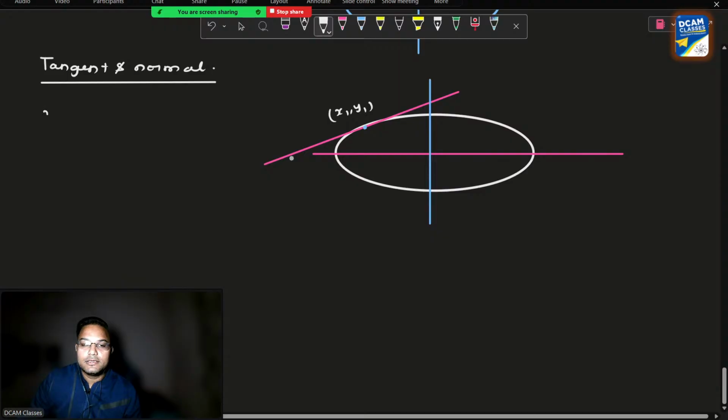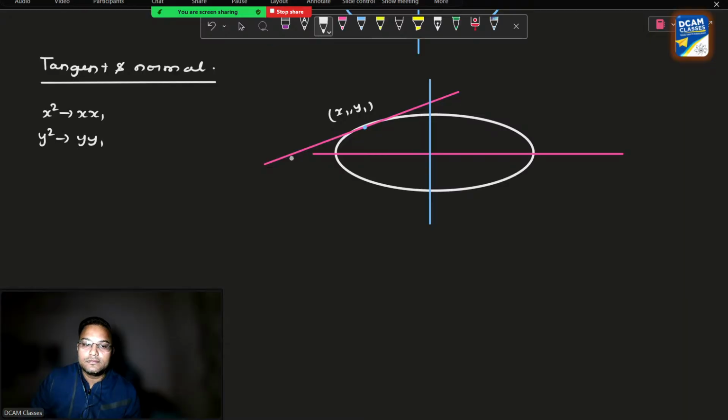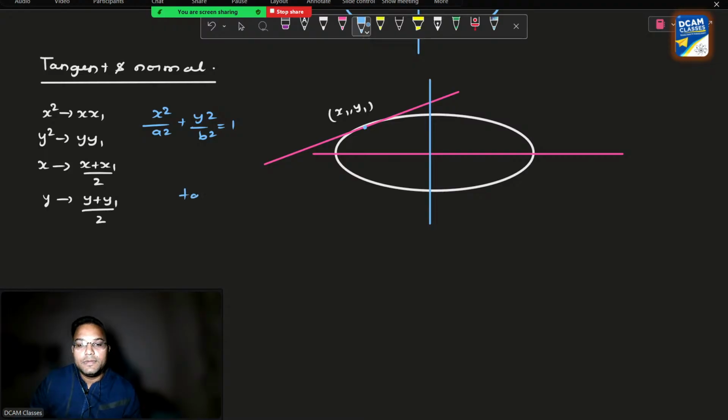You know the trick. x square changes to xx1, y square changes to yy1, x changes to x plus x1 by 2, y changes to y plus y1 by 2. Now just tell me very quickly, if the ellipse is x square by a square plus y square by b square is equal to 1, then what would be the equation of tangent?